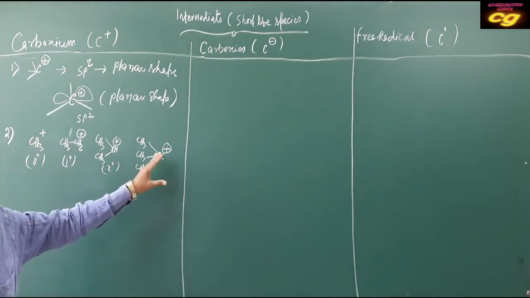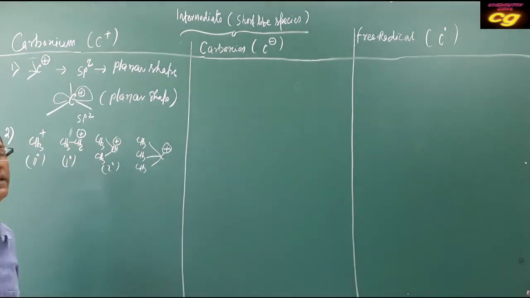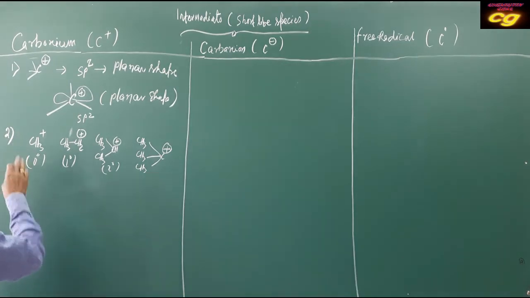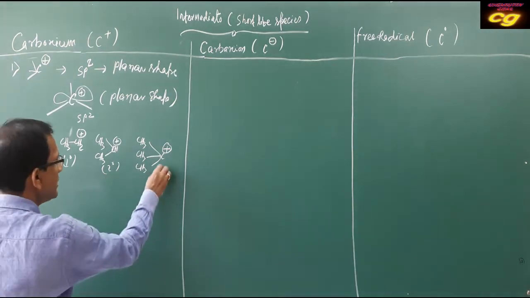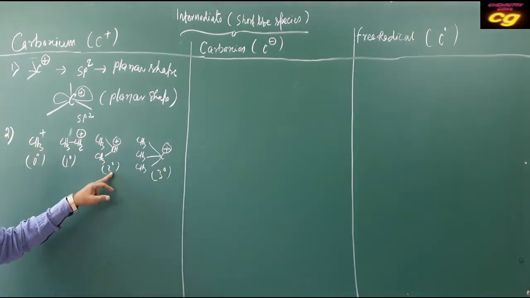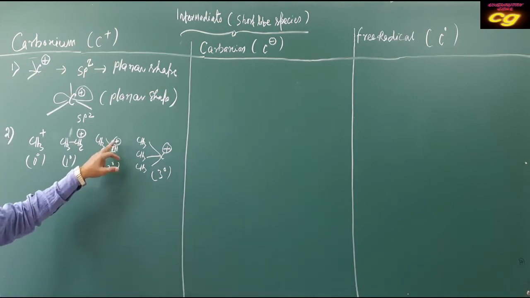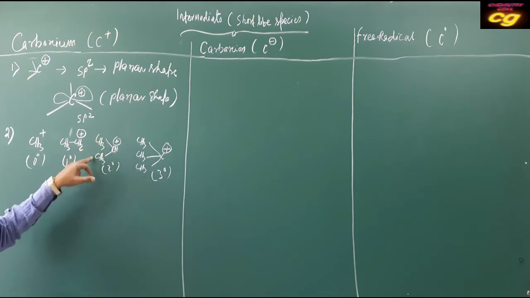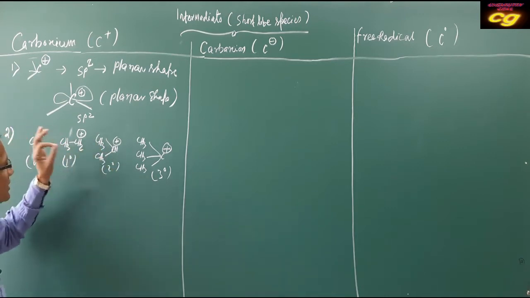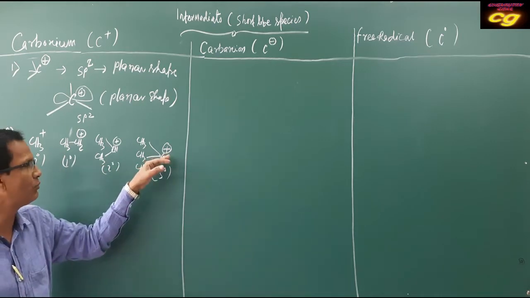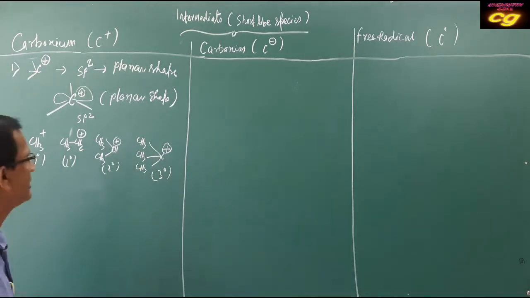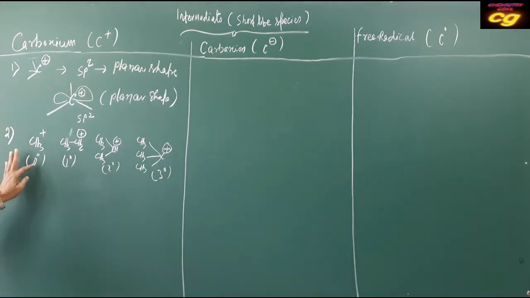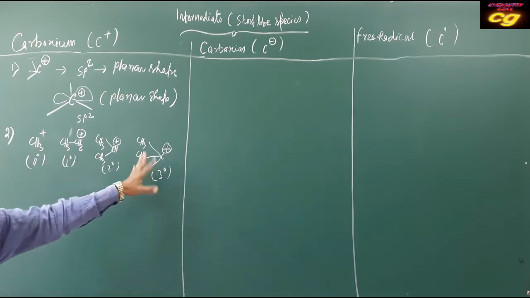Generally in aliphatic compounds there are mainly three types of carbocation: 0 degree, 1 degree, 2 degree, 3 degree. 3 degree means tertiary, 2 degree means secondary. Secondary means the carbon carrying positive charge is attached directly to 2 carbon atoms, and tertiary means it is attached directly to 3 carbons. The methyl one has no carbon attached, that's why 0 degree.